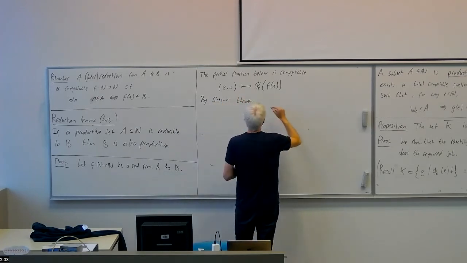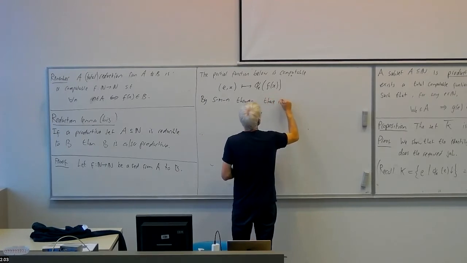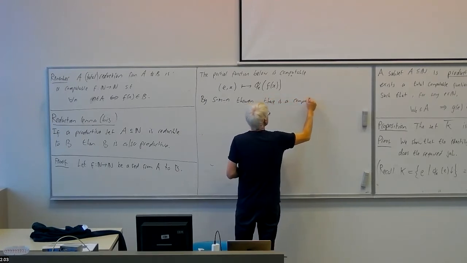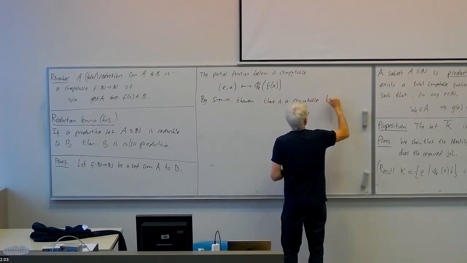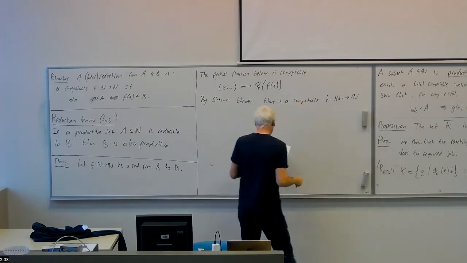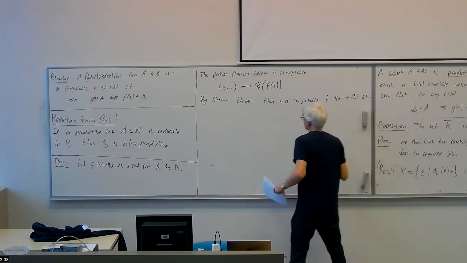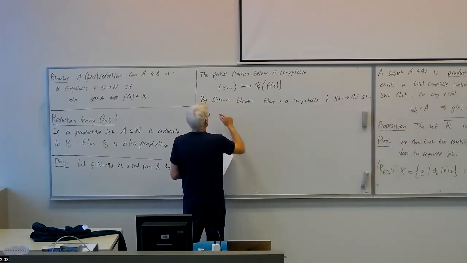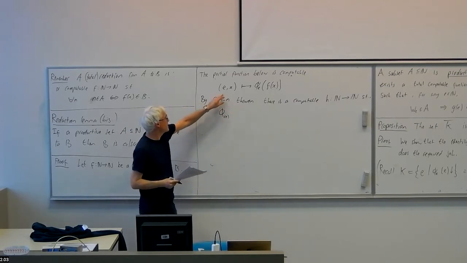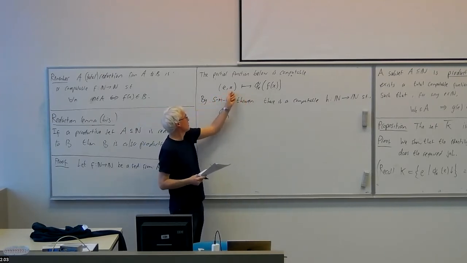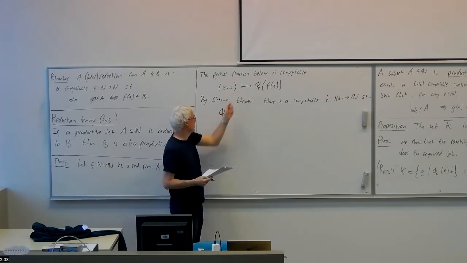there is a computable total function h such that if we apply h to e, it gives us an index for the action of this function in the right-hand argument, in the argument x.